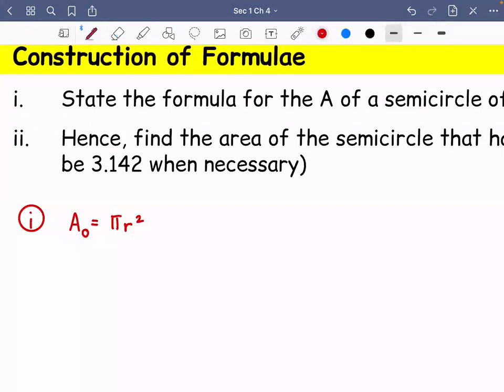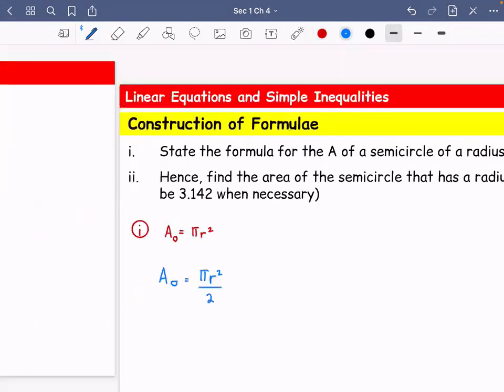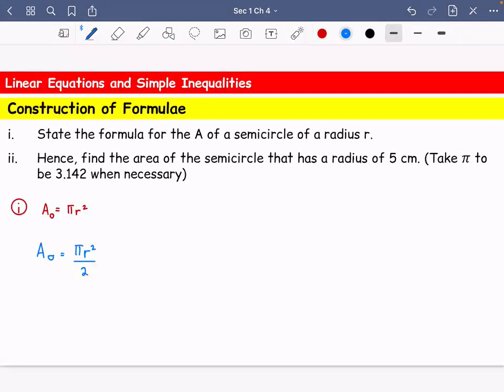The area of a semicircle is equal to pi r squared, but this time it's divided by 2. Okay, so that's your answer for number 1. And then basically for number 2, you just need to answer the follow-up question.